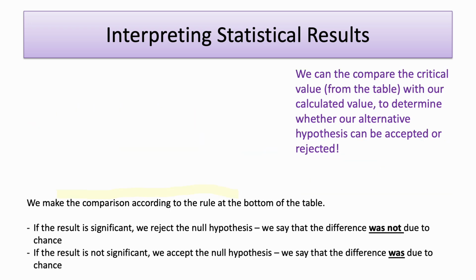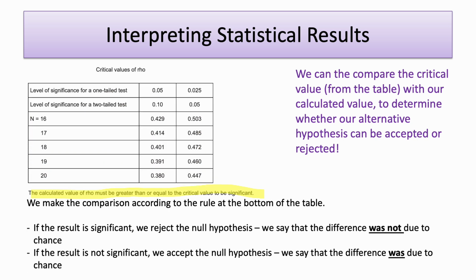So we compare the critical value, which we get from the table, with our calculated value, and that will be able to tell us whether our hypothesis is significant or not, as shown by the rule here. I don't have any values in front of me, but we are going to look at a question in a moment. So the point here that you need to understand is one-tailed test is here in the table, two-tailed test is here.